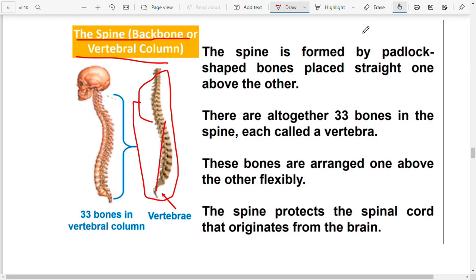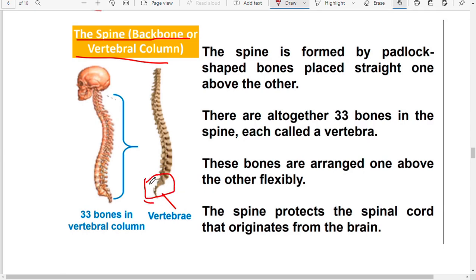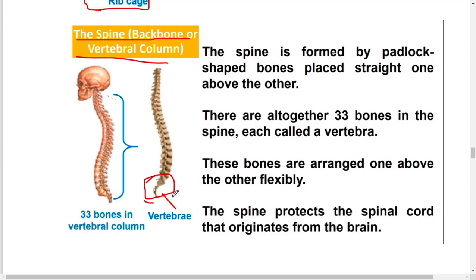Now look here. There are altogether 33 bones in the spine, which are called vertebrae. Each bone of your spine is called a vertebra.